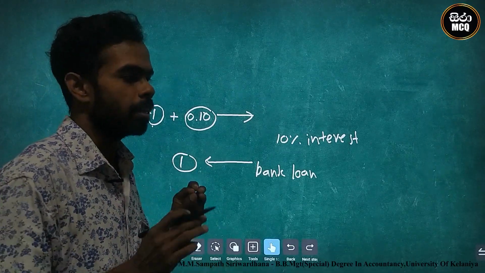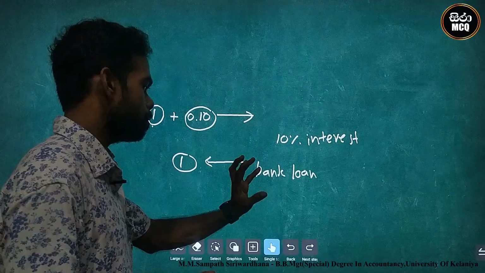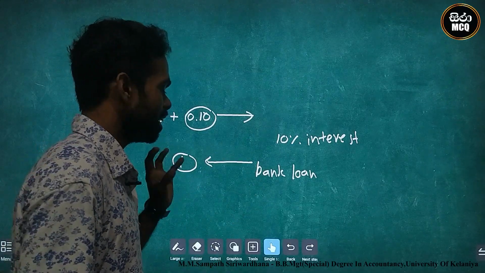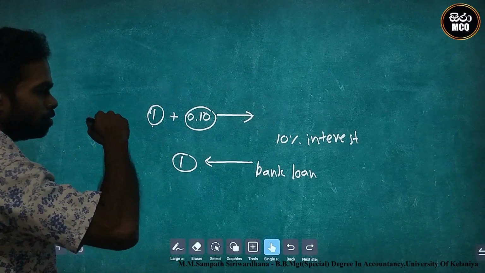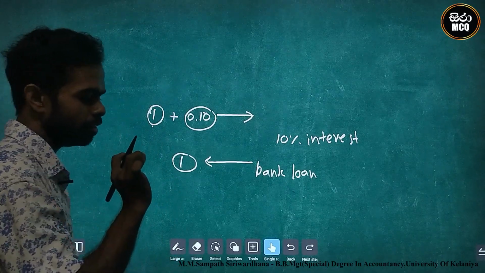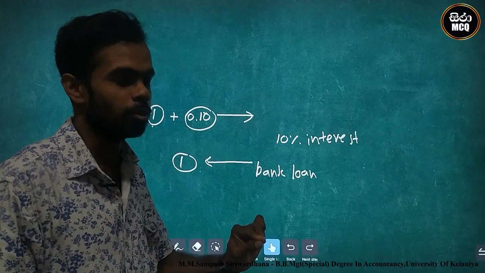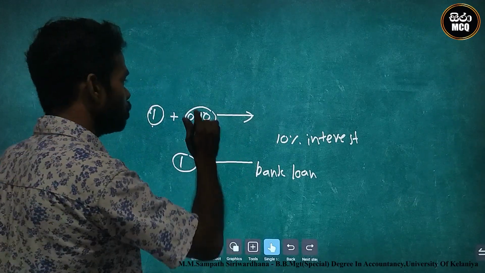Every investor uses a bank loan, and after 1 year he wants a 10% benefit, interest or profit.